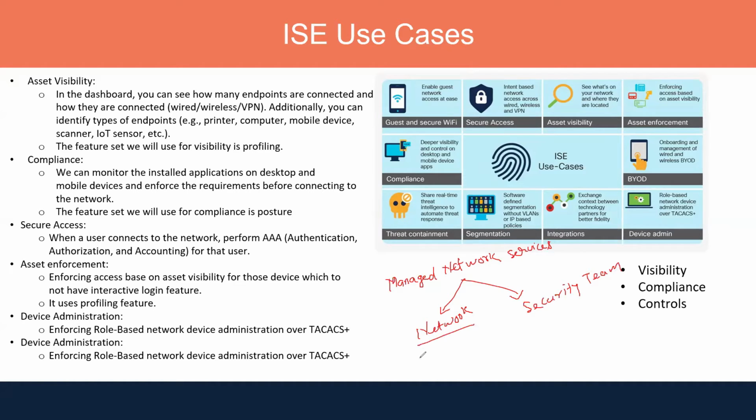The network team manages things like ACI, routers and switches, and DNS. I'm talking about public DNS, which is usually managed by them. And what else?